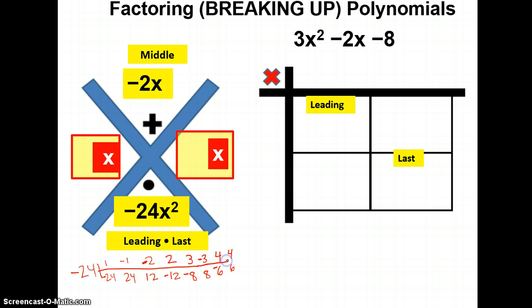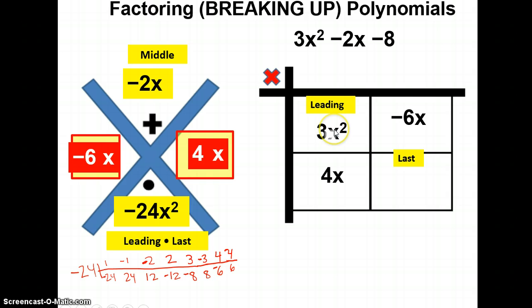So which one would it be? What will get me a negative 2 if I combine them together? Negative 6 and positive 4. Again, it doesn't matter where I put them.